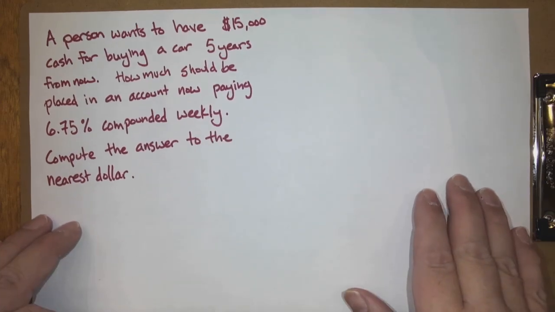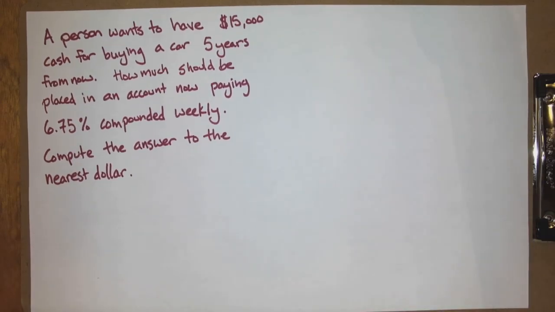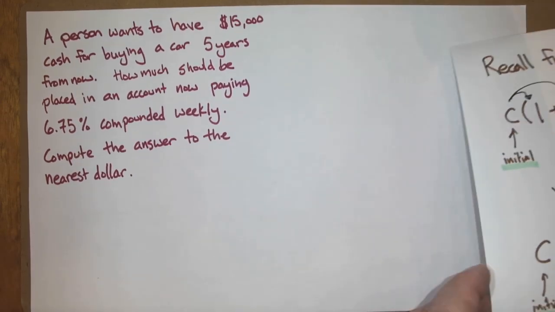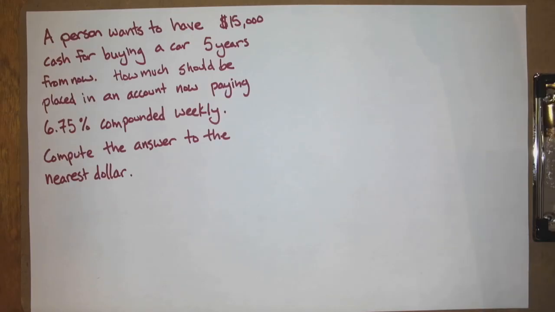All right. A person wants to have $15,000 cash for buying a car 5 years from now. Now, I will say almost all these examples come from the book, and I changed one word. They said they want $15,000 cash for buying a new car in 5 years.